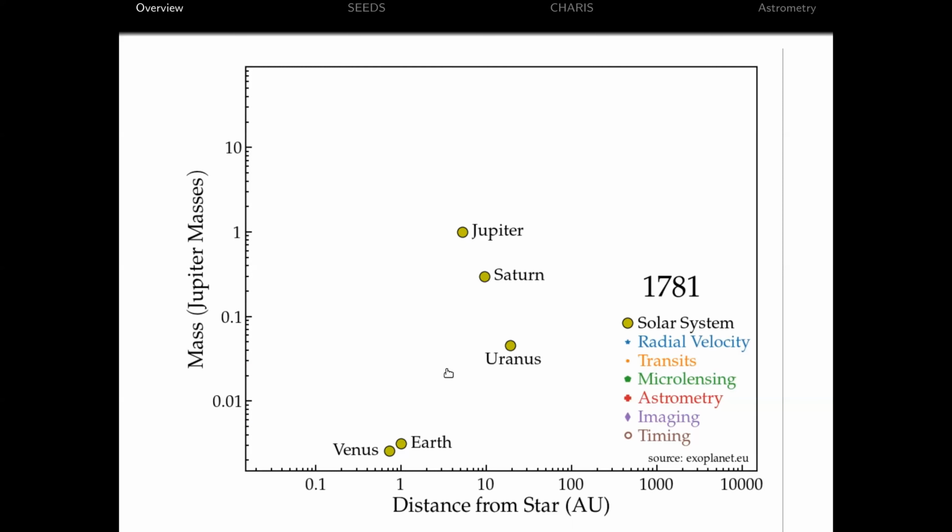And then finally, much, much more recently, we've discovered thousands of planets by various methods, and this diagram has been filled up with things that often look nothing like our own solar system.